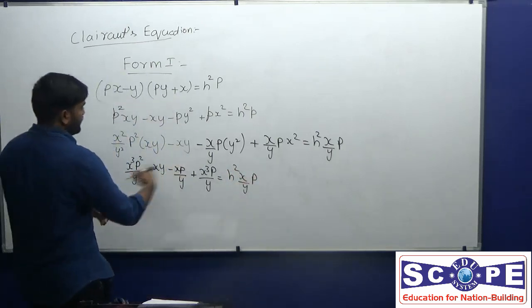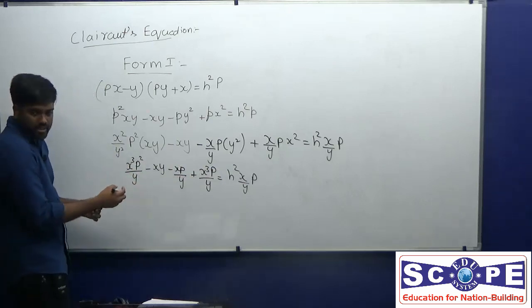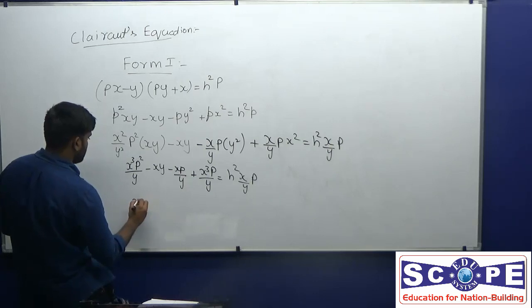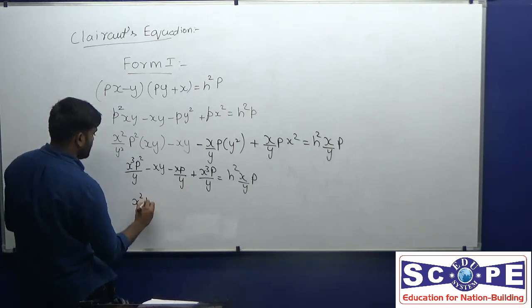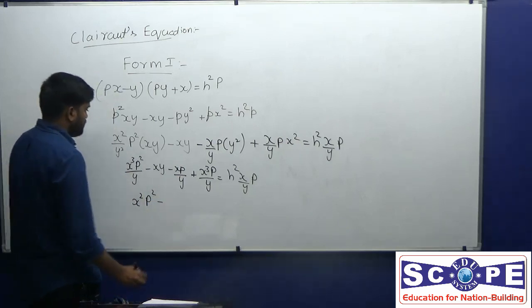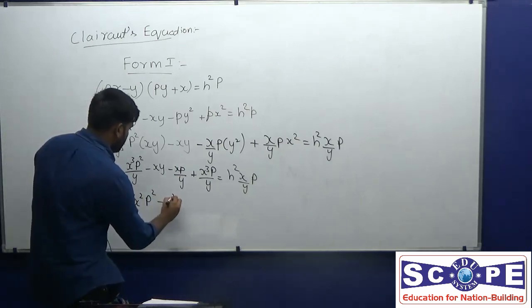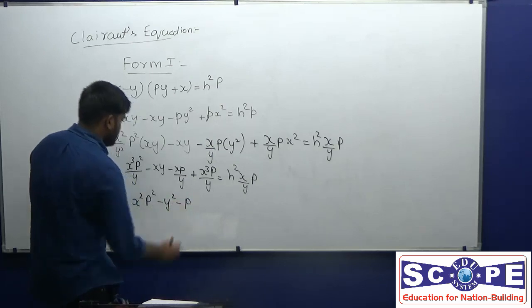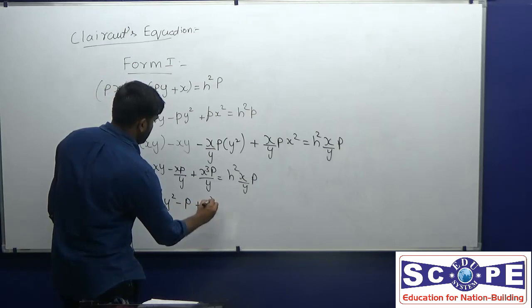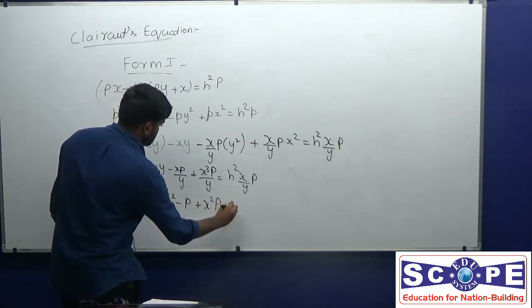If you divide this x and multiply this y on both sides, I think we will get x square p square minus y square minus p plus x square p equals to h square p, right?